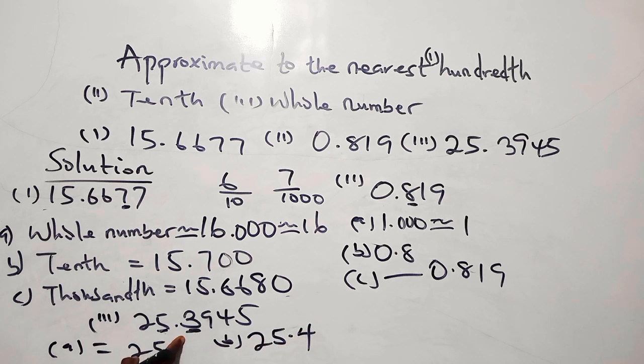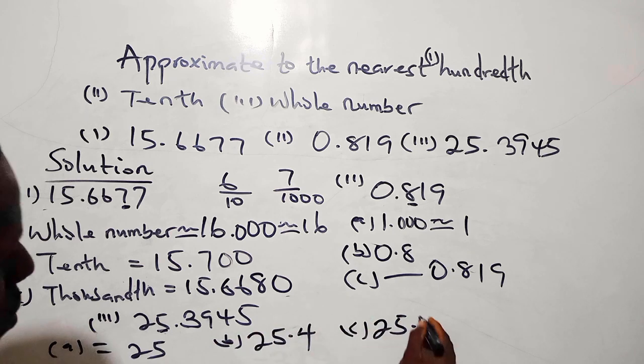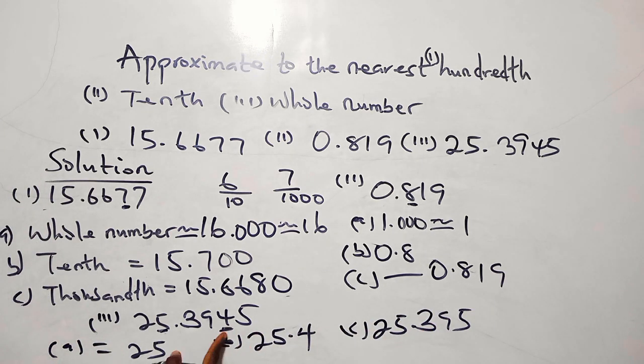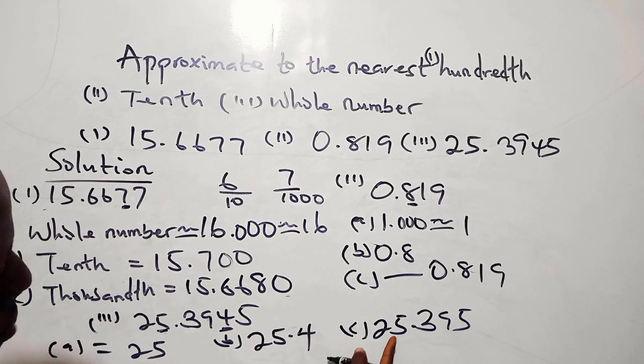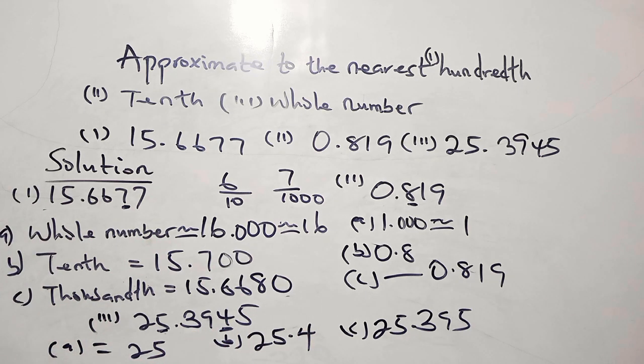This is my tenth value. And for C, take this number to thousandth. This is what I'm working with: tenths, hundredths, thousandths. So I have 25.395. Thank you very much.